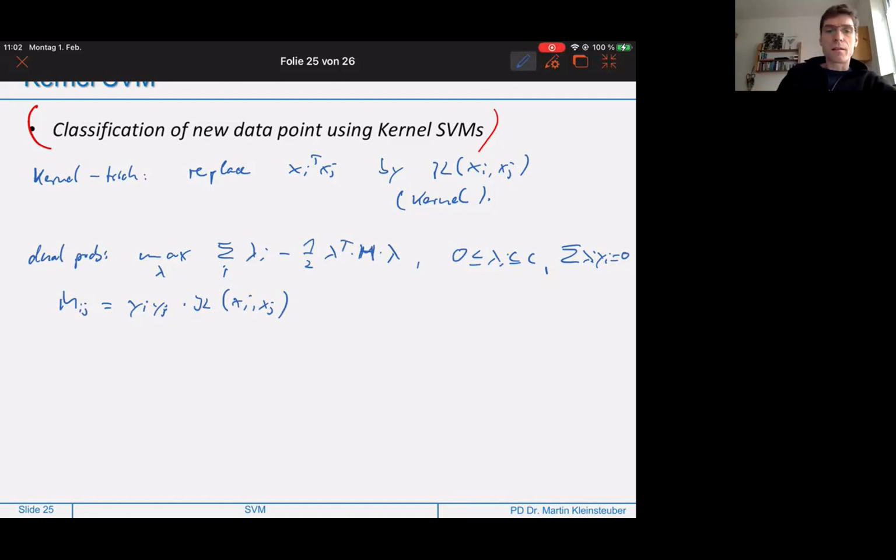That's an easy thing. It's also easy to solve. It's still a quadratic optimization problem.